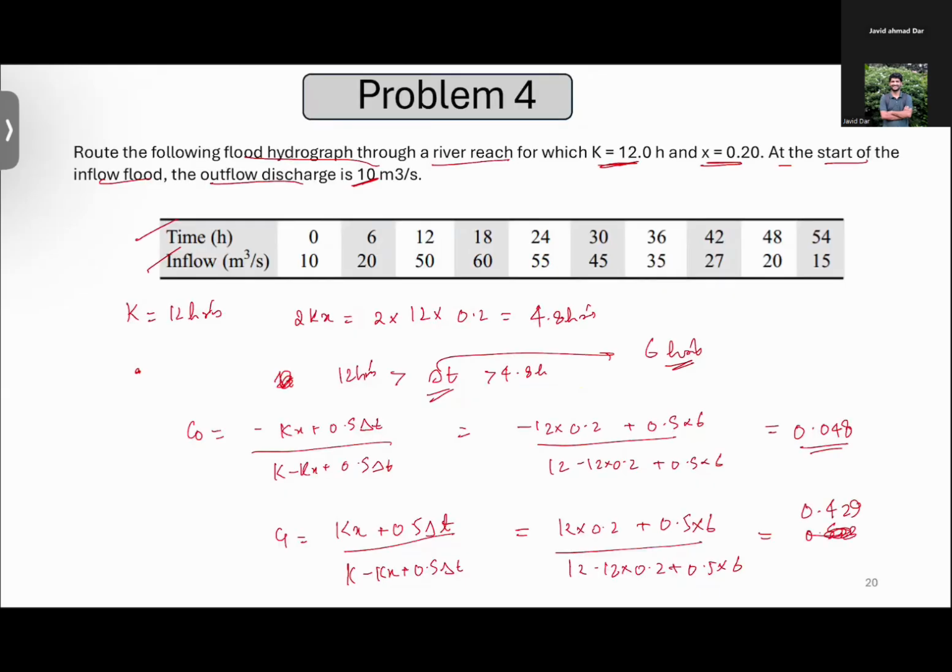Now for C2, which is K minus Kx minus 0.5 times delta t divided by K minus Kx plus 0.5 times delta t, you can put in the values.